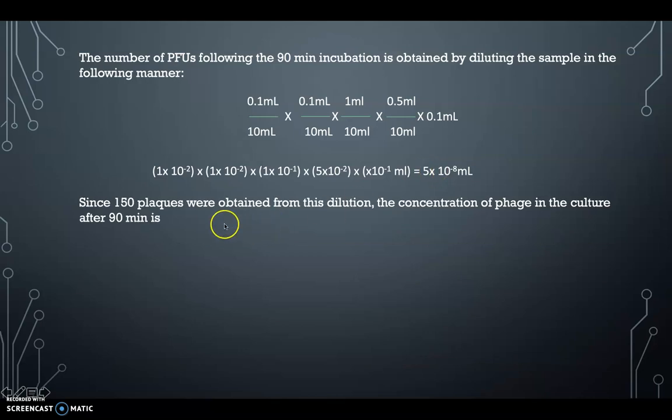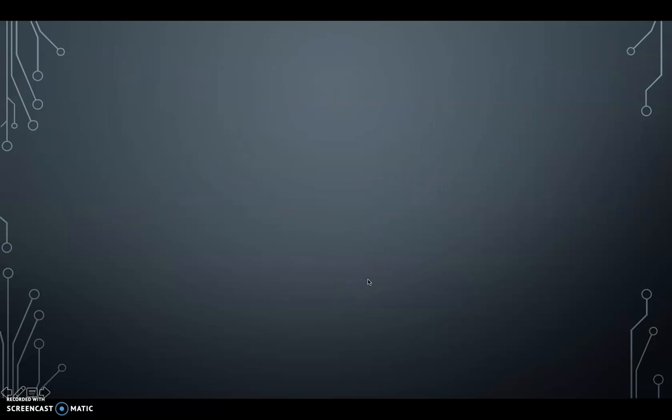Now the 150 plaques were obtained from this dilution. So the concentration of the phage in the culture after 90 minutes is 150 plaques divided by 5 × 10^-8 ml dilution, which equals 3 × 10^9 PFU per ml.